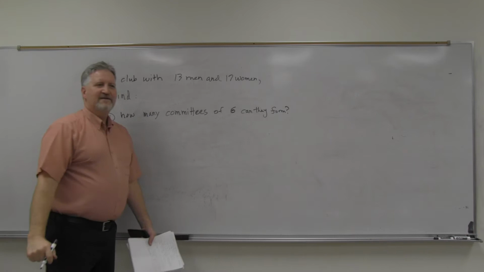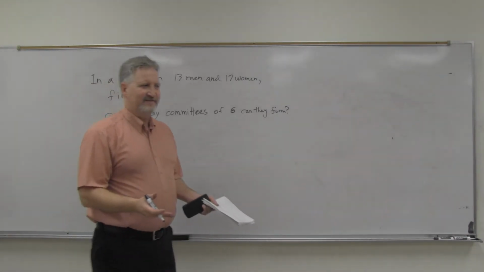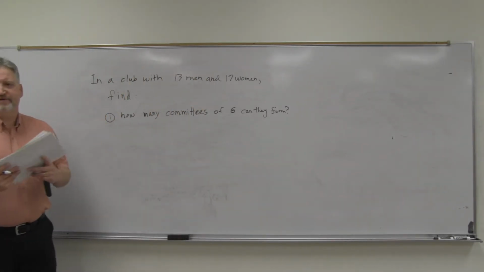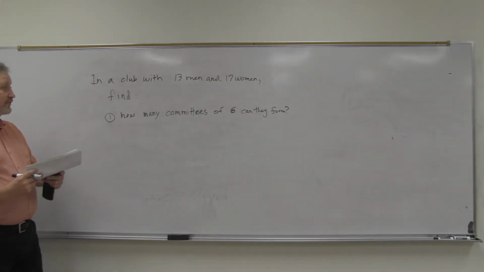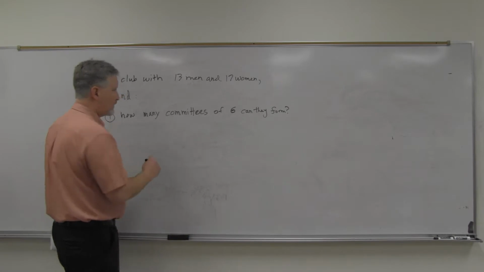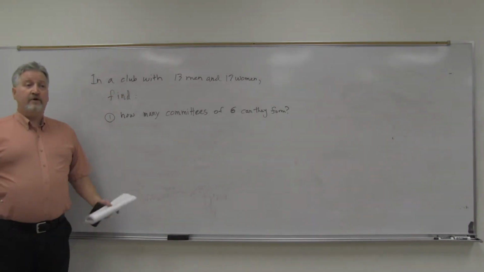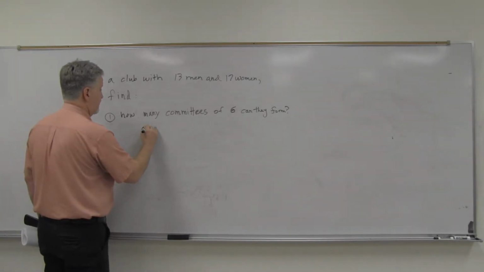On the ones we did with listing, we did small numbers of committees. When we get bigger committees and more people, it doesn't make sense to list all the committees out. We just want to know how many total there are. So how many committees of 6 can they form? Now that we know about combinations, we have to ask ourselves, does the order matter?